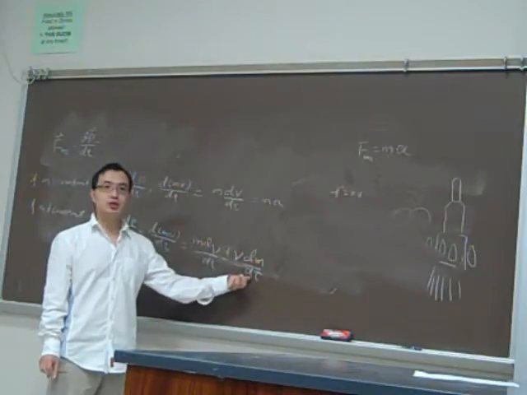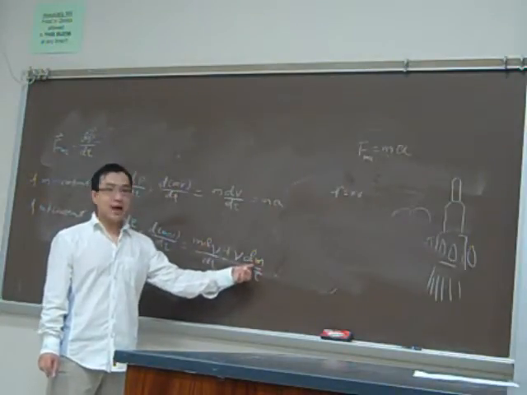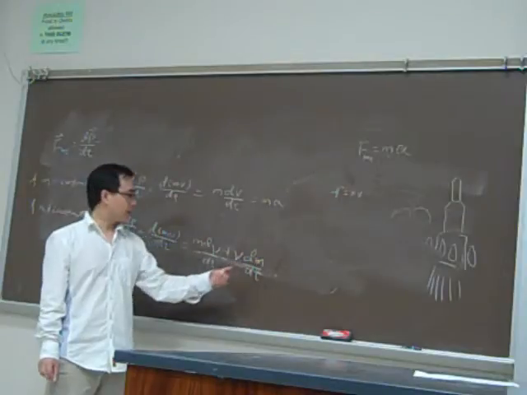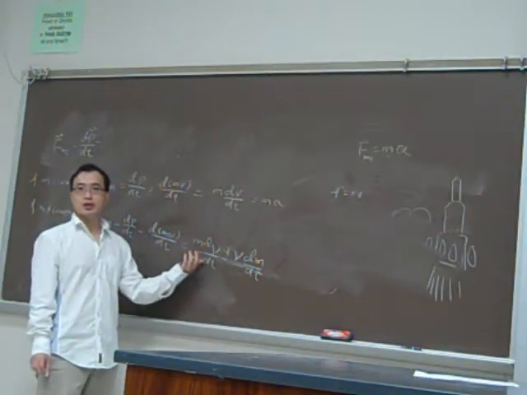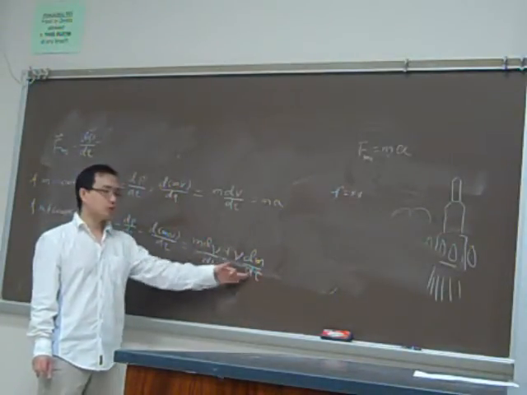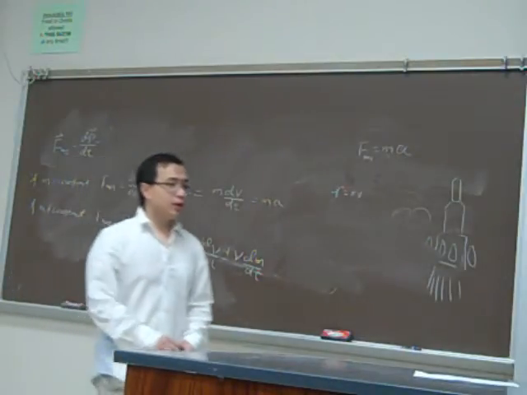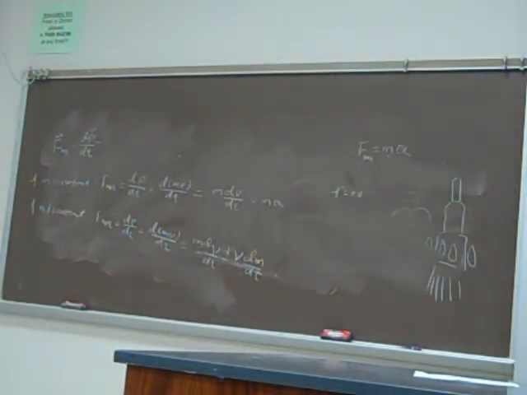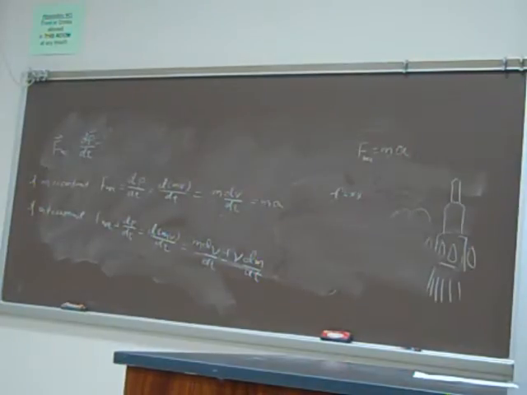So it's dm over dt, so it depends on the mass change rate. The first term depends on the velocity change rate. So we have two terms, and that gives you this equation, which can be applied to the rocket problem.